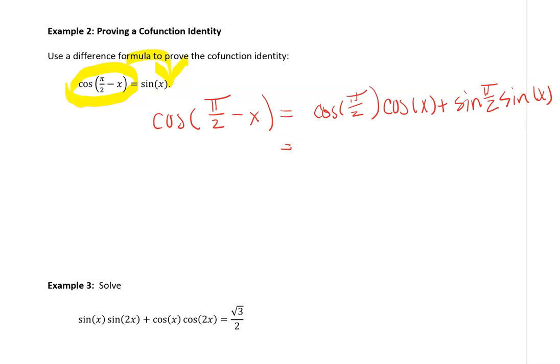So, knowing my unit circle, cosine of pi over 2 is 0 and sine of pi over 2 is 1. So that cleans up: 0 times cosine x plus 1 times sine x. And so this results in sine x.